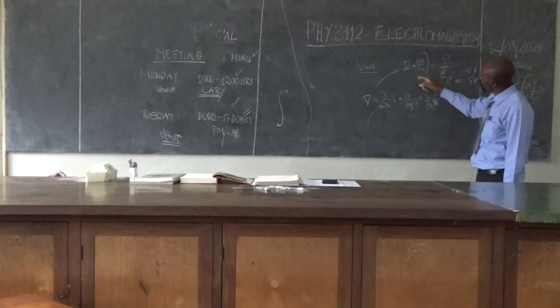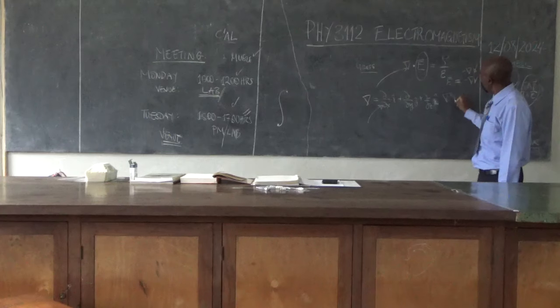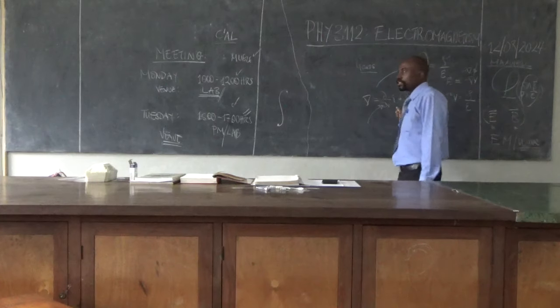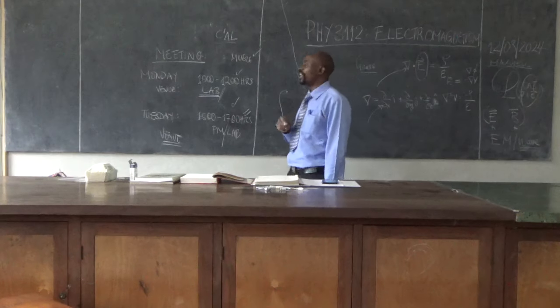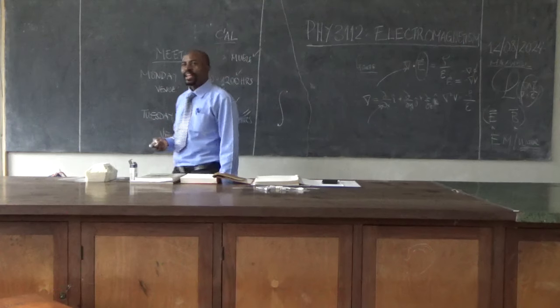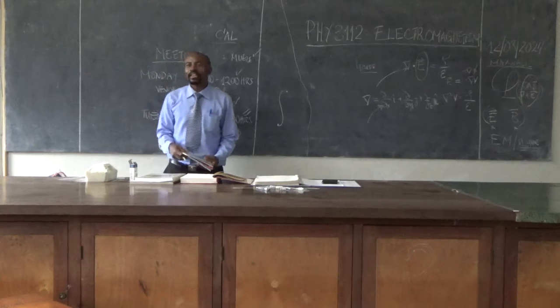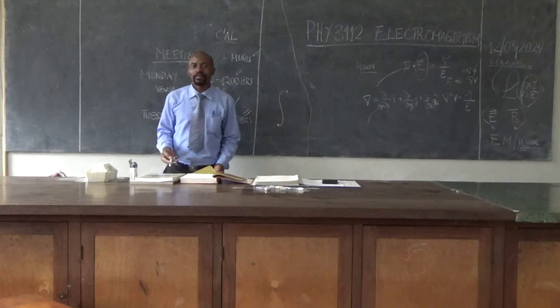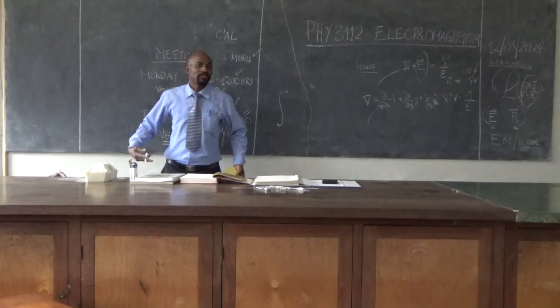And then when we substitute it in, we end up with grad squared V is equal to minus rho over epsilon. And this is the one which, after substituting, this guy also brags and says, this is my equation.